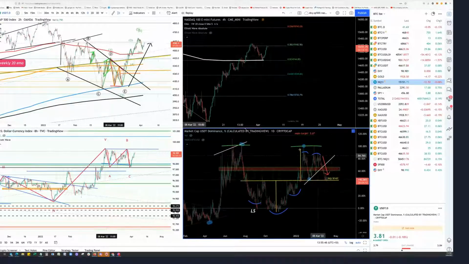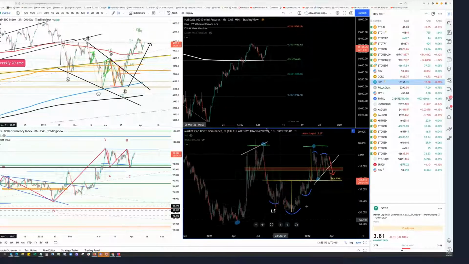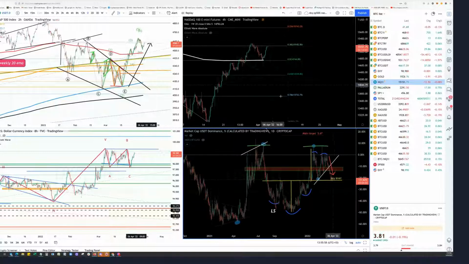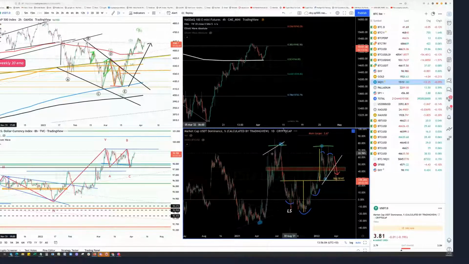So this historically has given me a lot of assistance in finding the top and bottom. So it's a good indicator. I'm not going to explain too much about it, but you can investigate yourself what that means, where the tops and bottoms are, and how you work it out, aligning with Bitcoin, but it does help.